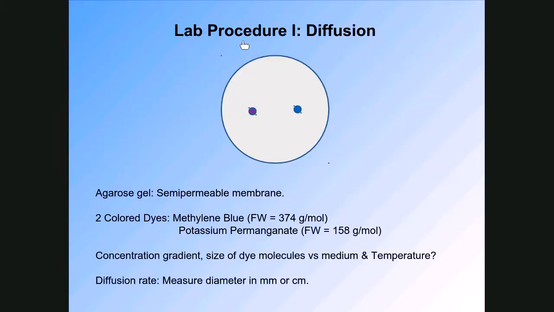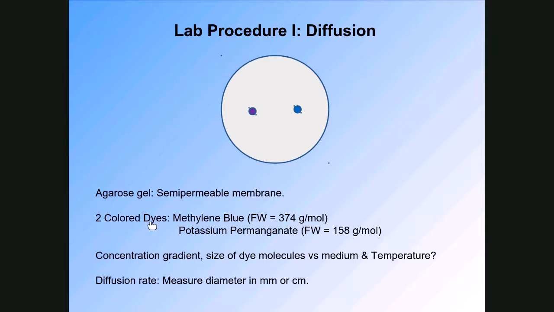So as I said, lab procedure 1 focuses on diffusion. Your medium is going to be your agar or agarose gel, one and the same, seaweed extract. That is your medium, or more specifically, your semi-permeable membrane. You're using 2 different dyes.